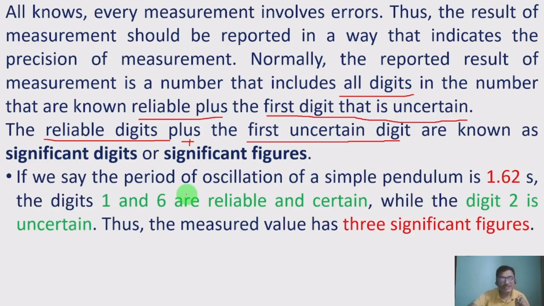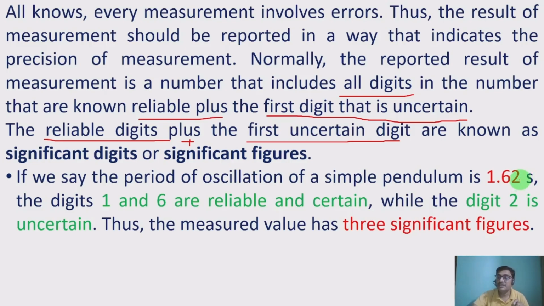Take one example: the period of oscillation of a simple pendulum is 1.62 seconds. The digits 1 and 6 are reliable and certain, while the digit 2 is uncertain.